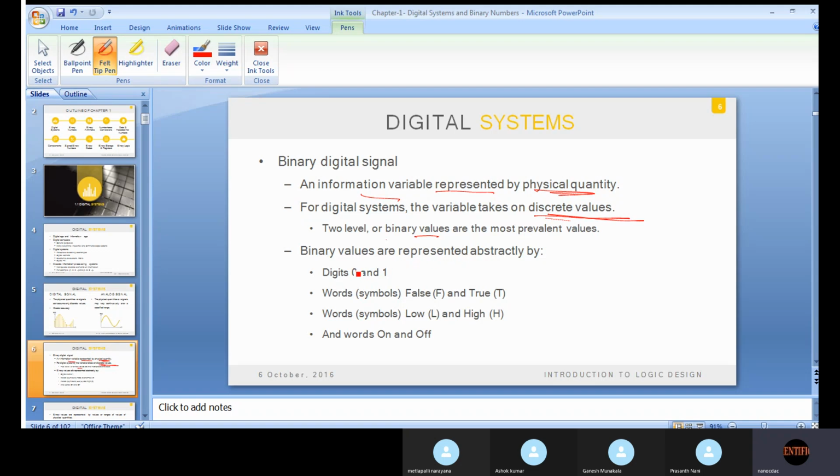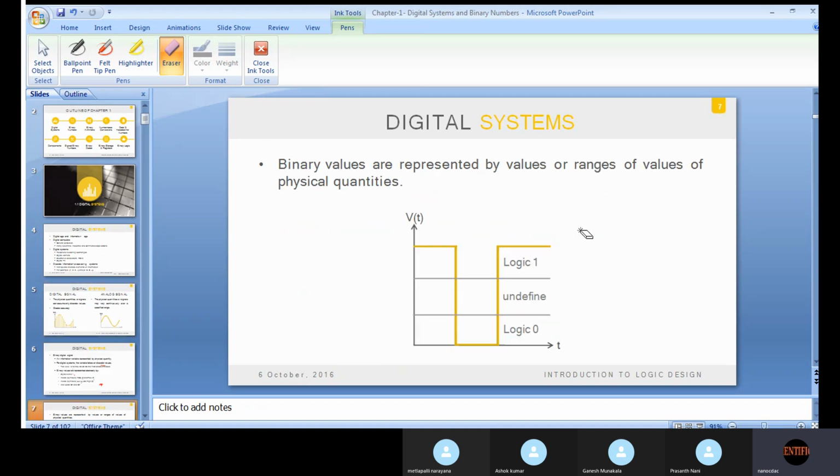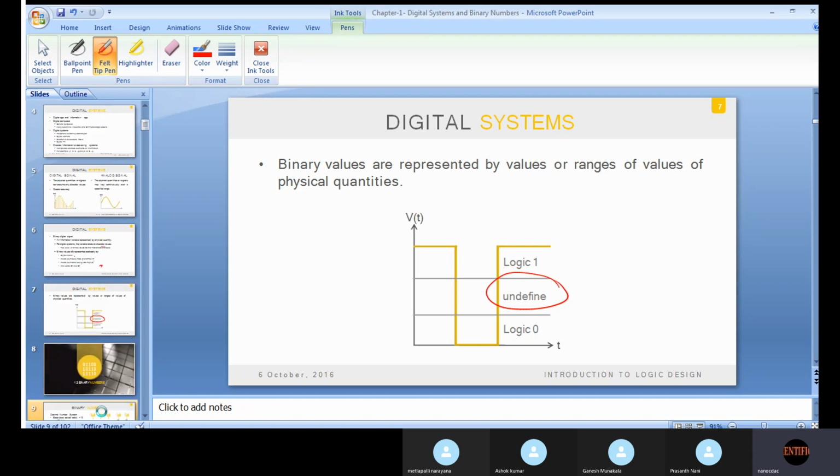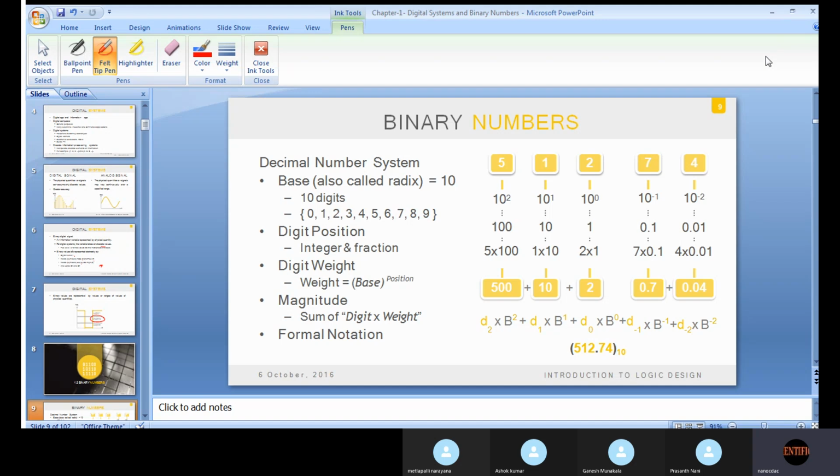Binary values are represented by digits 0 and 1, false and true, low and high, on and off. Logic 1 and logic 0, and in between, any value that comes is undefined logic.